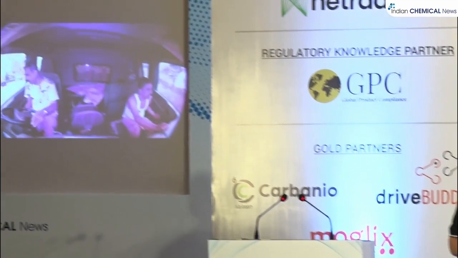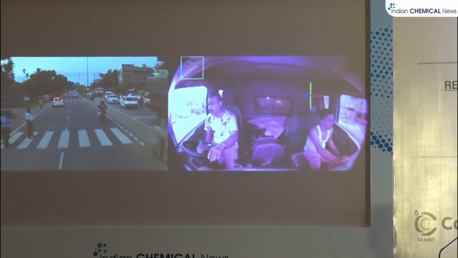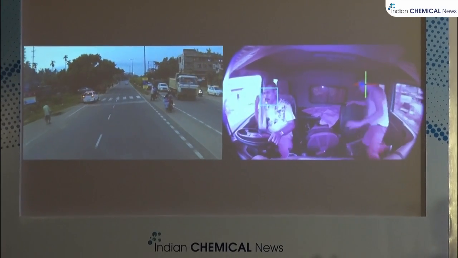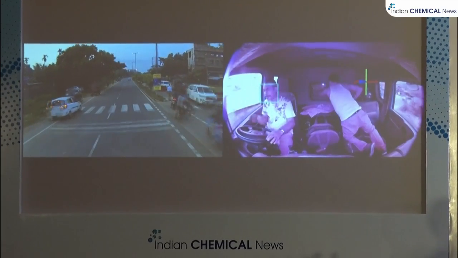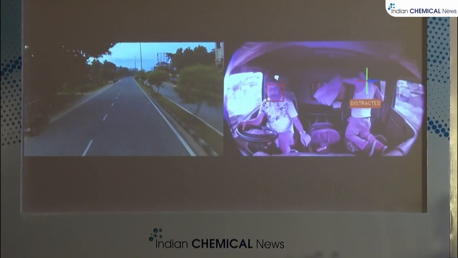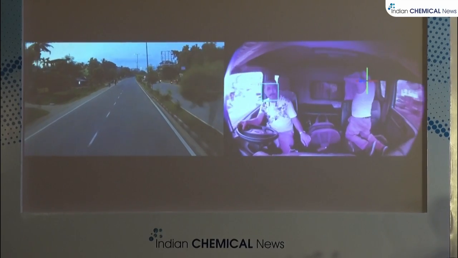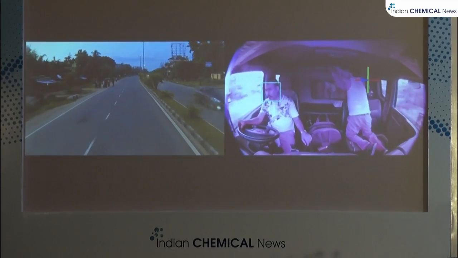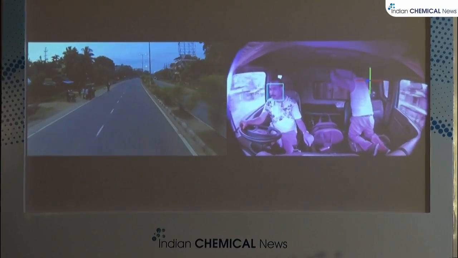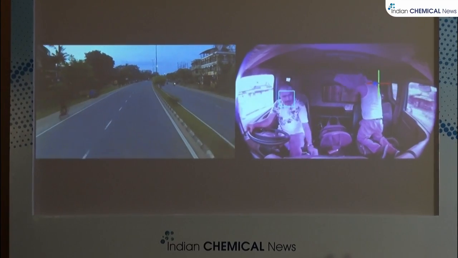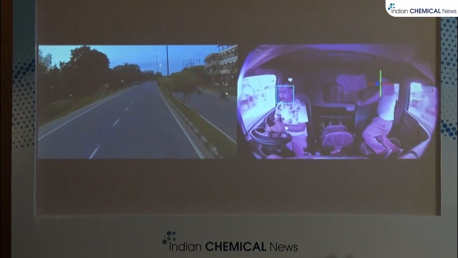So this is an actual video. You see the front on one side. This is city driving, where you can see a lot of police, a lot of cyclists, pedestrians on the front side. And on the driver side, you will see the driver driving, you will see the entire cabin. The cabin has a little fisheye effect because this is a wide angle camera.